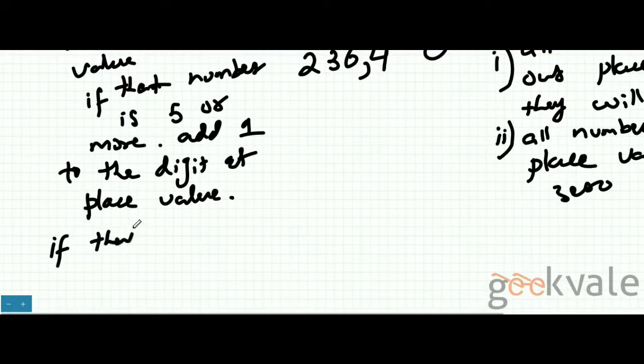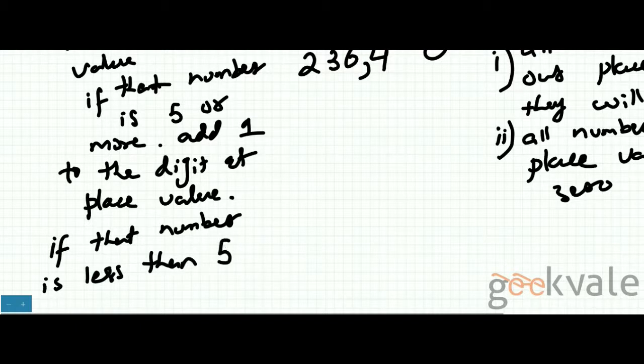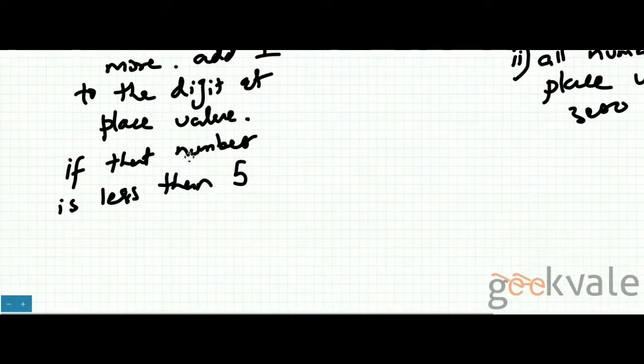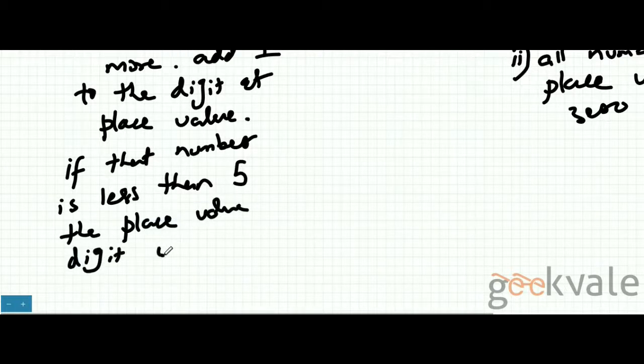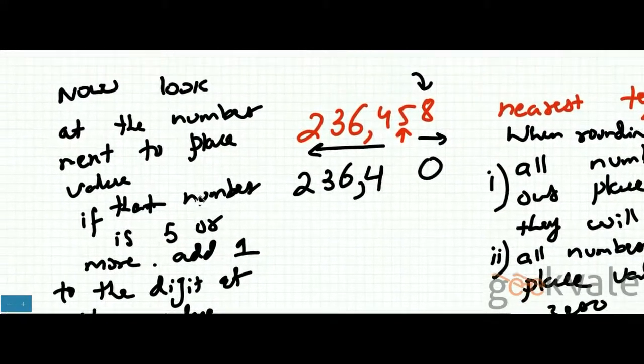If that number is less than 5, that is 4 or anything below 5, like 4, 3, 2, 1, 0, the place value digit will not change. That's it. These are the 3 rules that we need to remember.